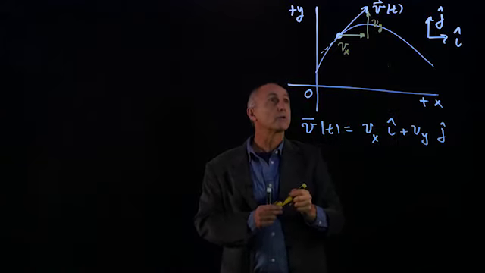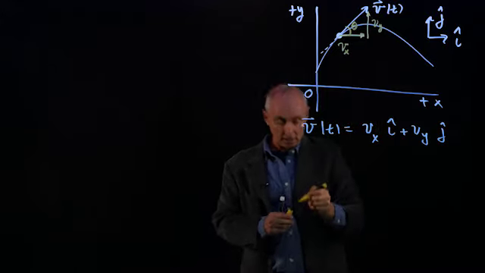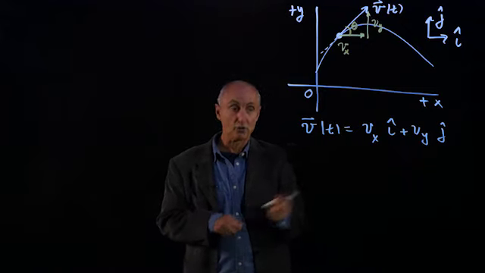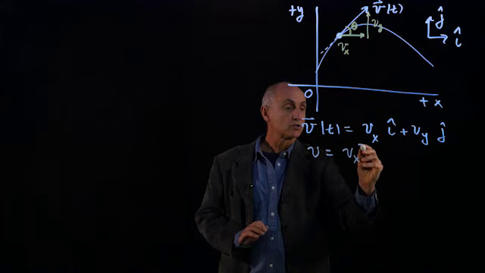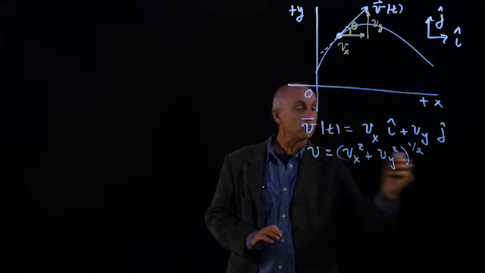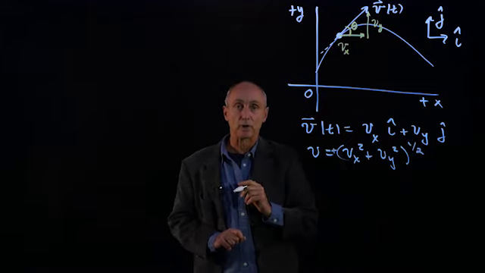That's the y component. And now if I define this angle theta, we know that a vector has a direction and a magnitude. We've seen that we call the magnitude the speed. So that's just the square root of the sum of these components squared. Speed is always positive, so we always take the positive square root.